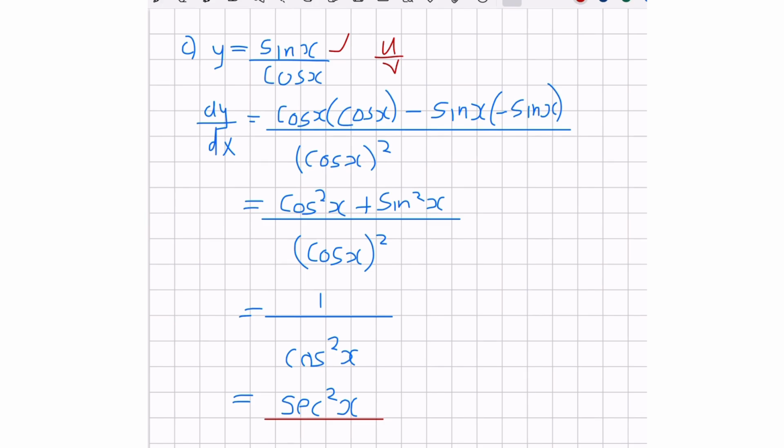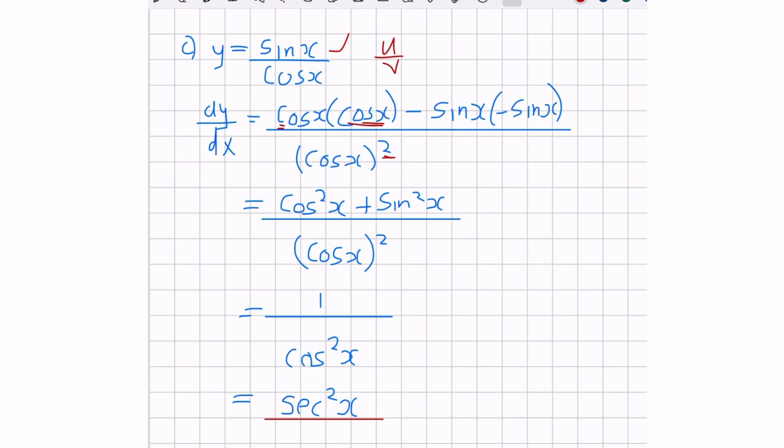So you're going to keep your constant here, cos x as a denominator, then you're going to square it right here. Then from there, you're going to keep it as a constant on the numerator part. Then you're going to differentiate; the derivative of sine x is cos x, which is here in the brackets.